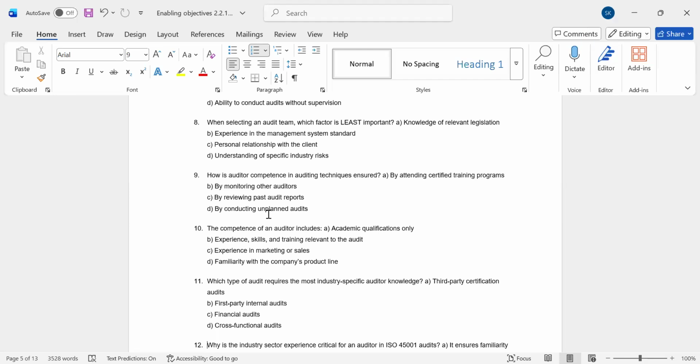Can you please confirm? Yeah. C is the best fit. Sir, why not be by attending certified training programs? Means he has the certification and anything else. See, how is it ensured in auditing techniques?